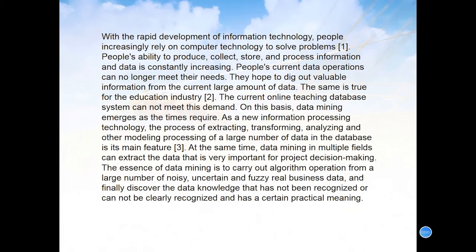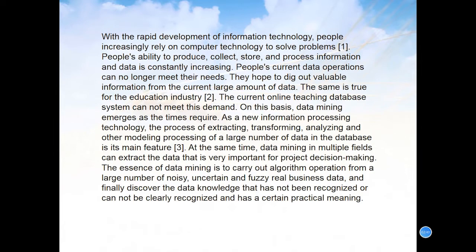With the rapid development of information technology, people increasingly rely on computer technology to solve problems. People's ability to produce, collect, store, and process information and data is constantly increasing. People's current data operations can no longer meet their needs.